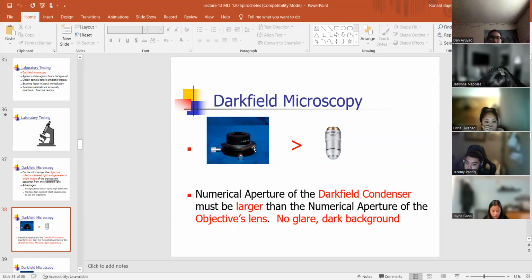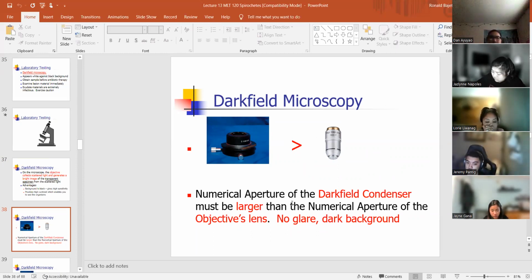These two objects have numerical aperture values, okay? So if the numerical aperture of the dark field condenser is greater than the numerical aperture of the objective lens, then you will achieve no glare, and you'll get your dark background. That's what you want, okay?